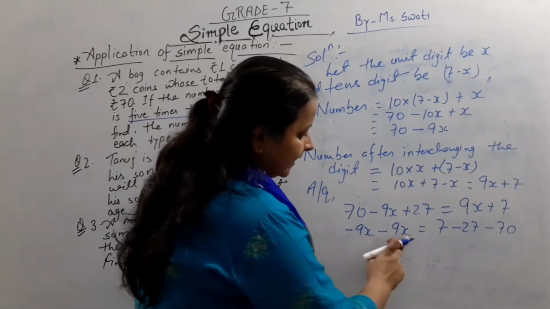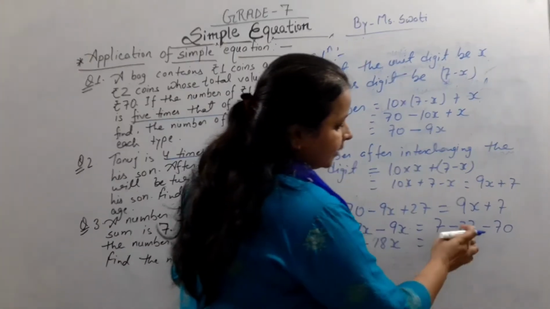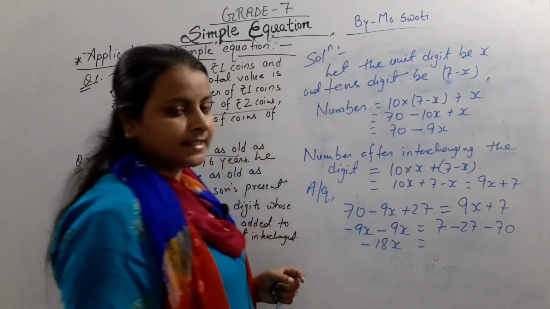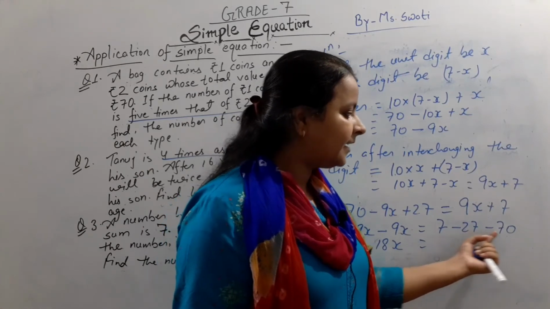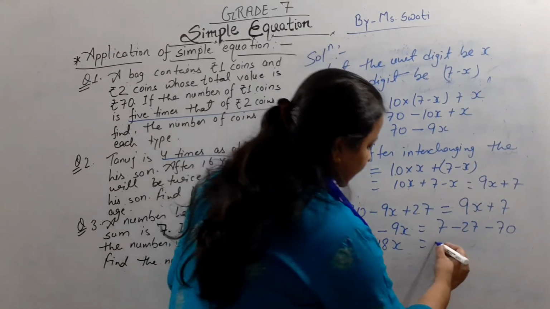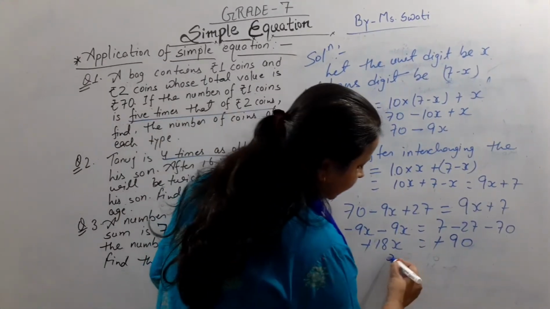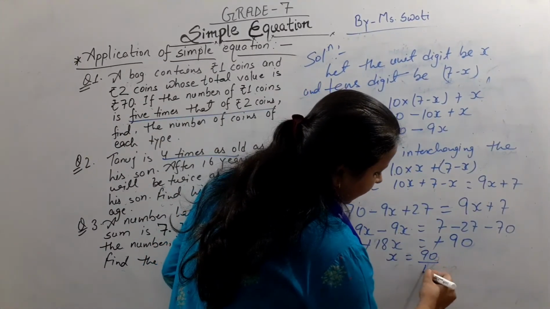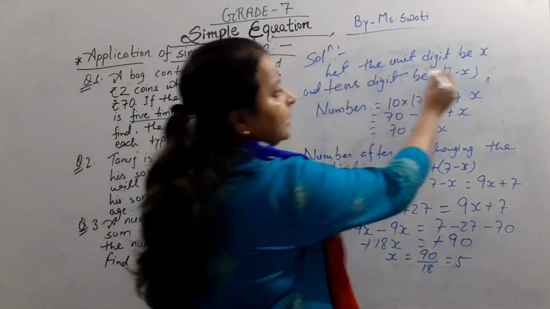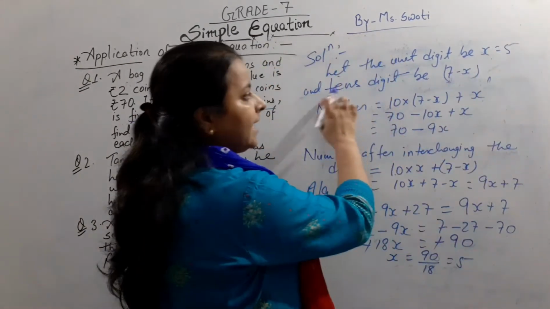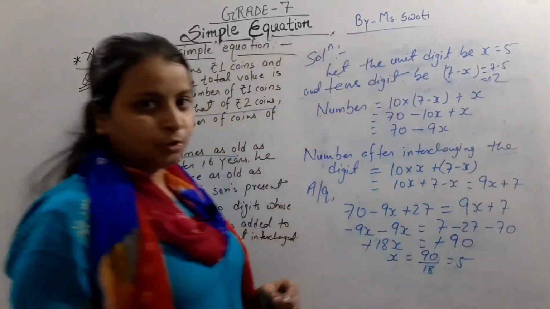So minus 18x is equal to minus 20 minus 70, it becomes minus 90. So minus minus cancel out, x is equal to 90 by 18, that is 5. So the unit digit becomes 5 and the tens digit becomes 7 minus 5, that is 2.